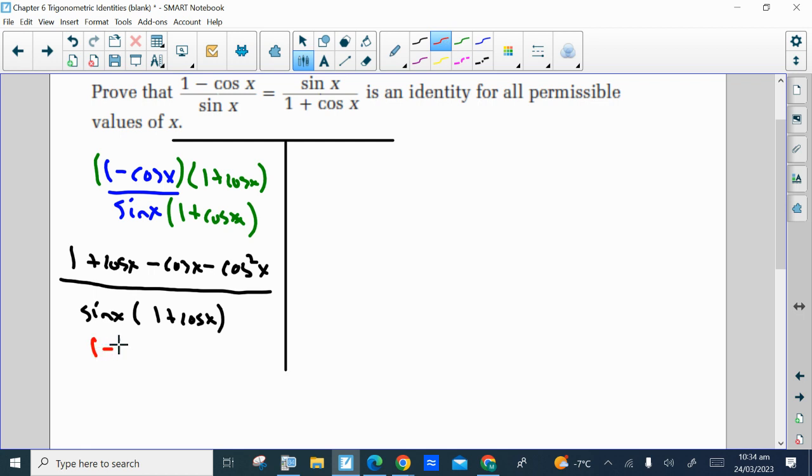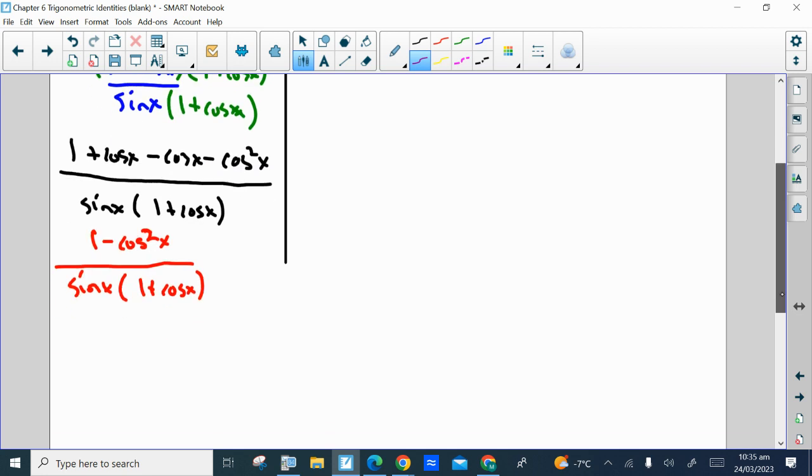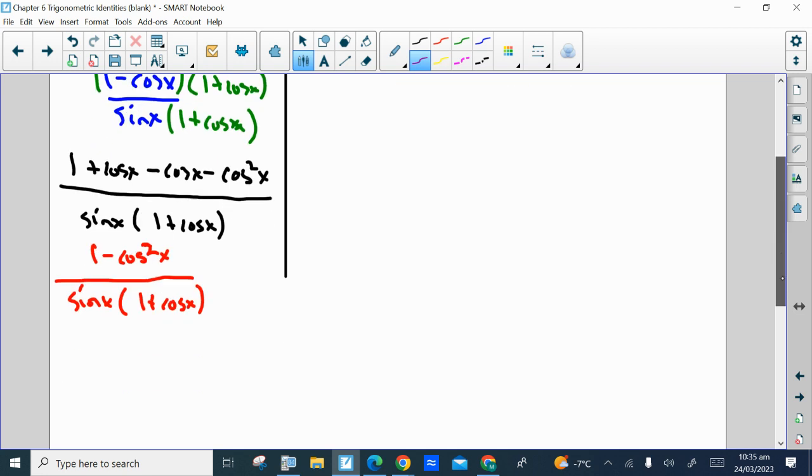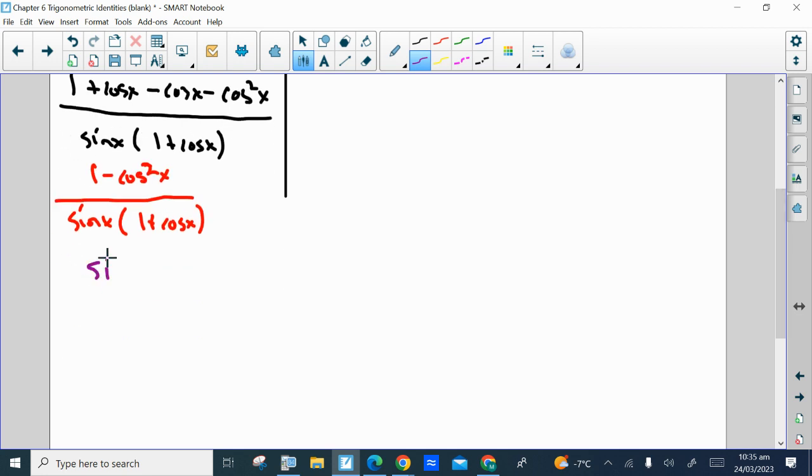So I'm left with 1 minus cos squared x over sine x times 1 plus cos x. On top we have 1 minus cos squared x, which equals sine squared x, again from that Pythagorean identity. 1 minus cos squared x is equal to sine squared x.